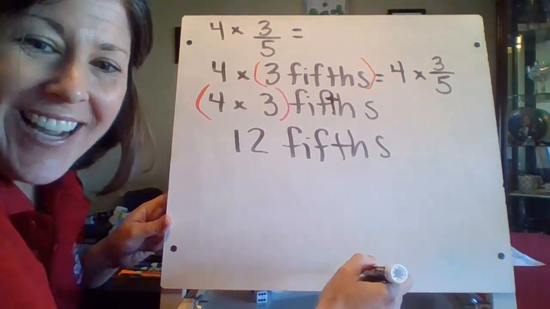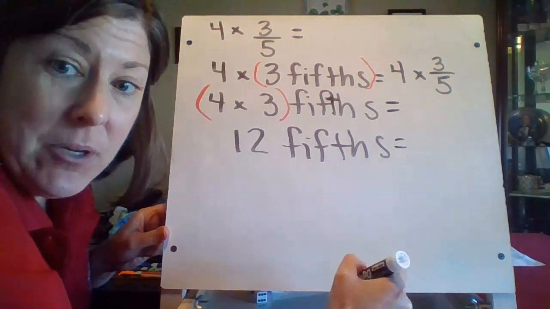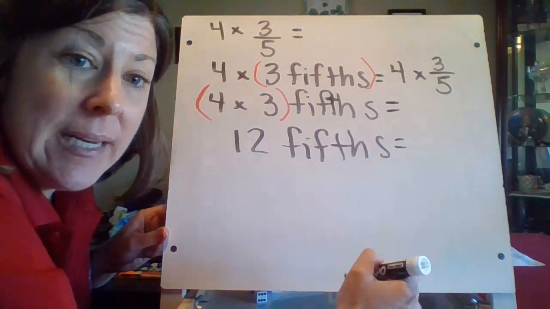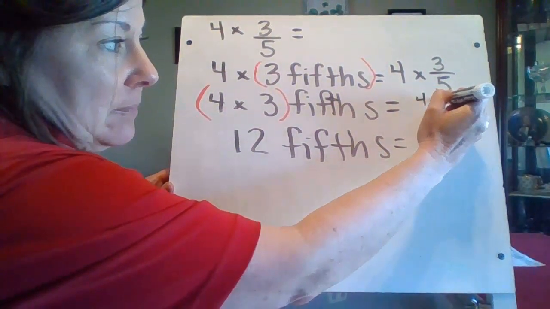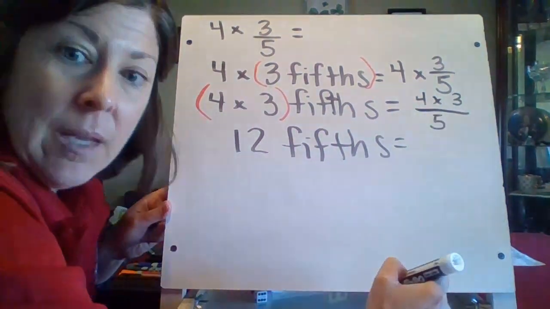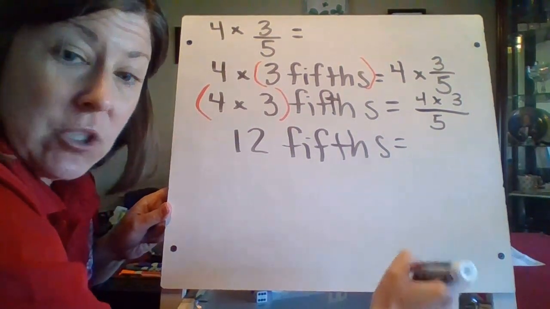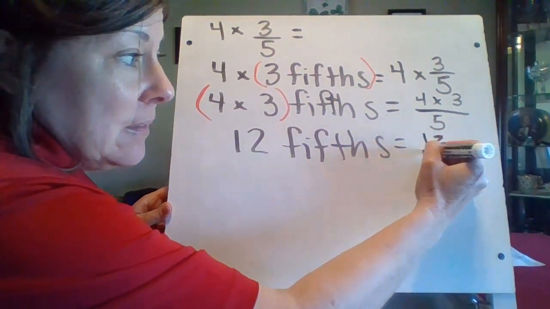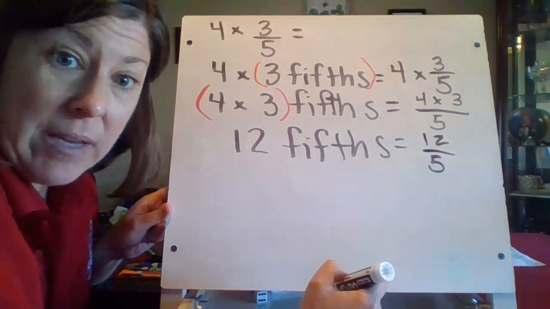Okay, so comparing it to my number sentence, how I could write it in my number sentence is simply 4 times 3/5. Okay, so again, still giving me 12/5.